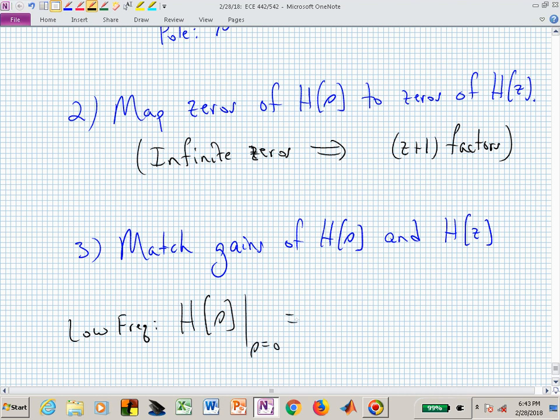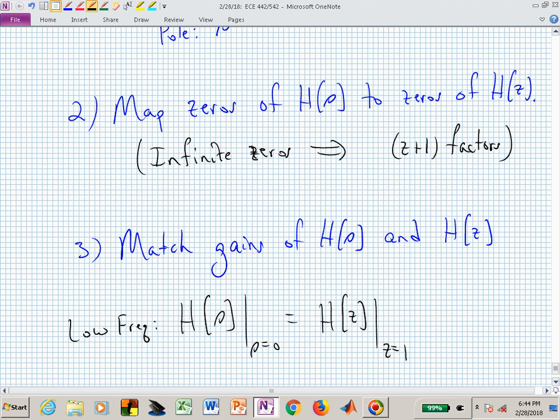You might have H of S evaluated at s equal to 0 being equal to something. In our previous example, it was 1. And we would then have an unknown gain K in our H of Z, but we would solve for that unknown gain K such that we would get equality at low frequency or at DC.